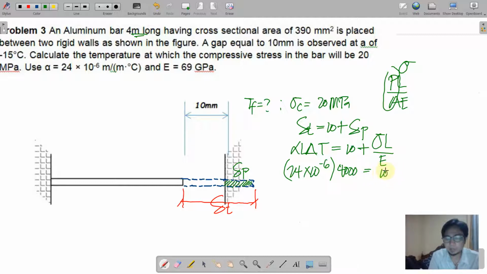Then just copy 10 here and then expand this. We have to solve for the area. So this is 20 and then the length is 4,000.